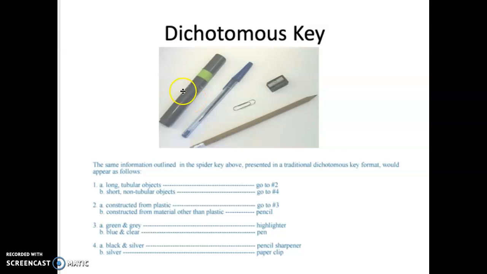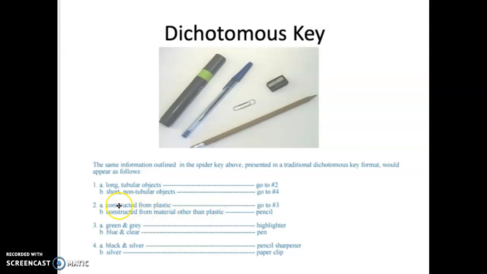So let's say I wanted to identify this object right here. I would go to number 1 and I would say a long tubular shaped object or a short non-tubular object. Well, I'm going to say yes to letter A because it's long and tubular shaped, and it's telling me to go to number 2. So for number 2, constructed from plastic or constructed from material other than plastic.